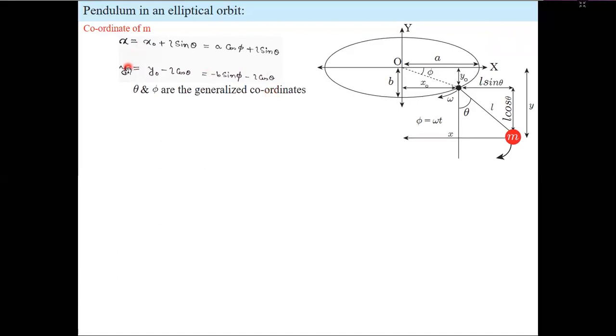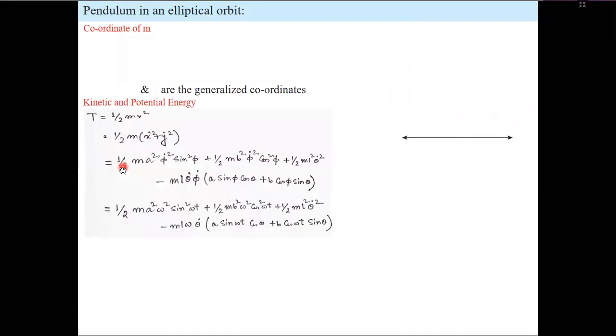Now we use these coordinates to find the kinetic energy and potential energy of the system. So let's start with the kinetic energy. So kinetic energy is half m v squared. So v squared is nothing but x dot squared plus y dot squared. Fine, there is no confusion on that, and we just take the x dot and y dot, and substitute it here, and that will give us the expression for kinetic energy.